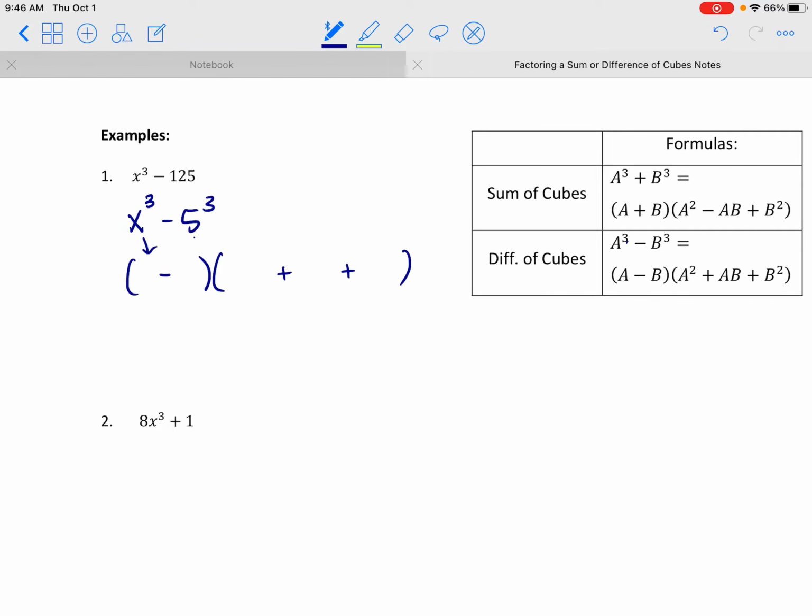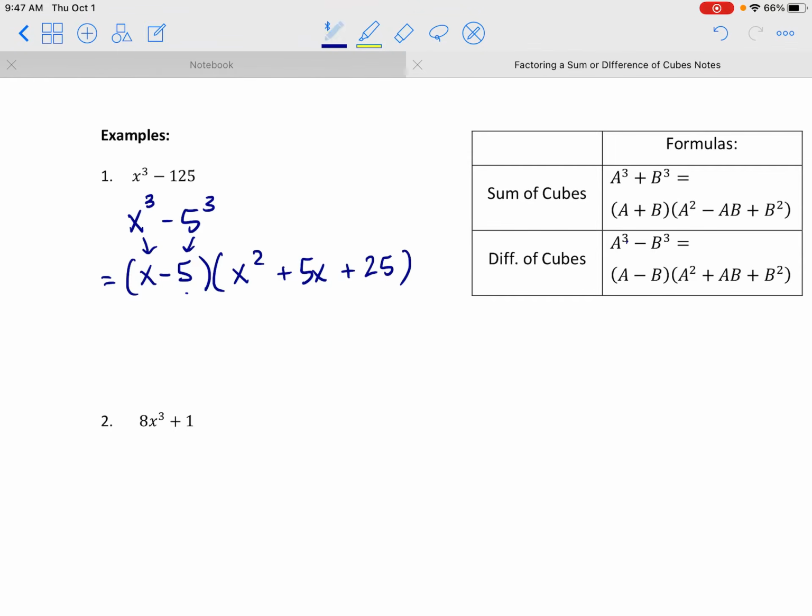The bases of the cubes come down, so x and 5. Then I'm going to square, so x squared, then multiply, so 5x, and then square, so 25, and there it is. This is my factored answer. Those are the two polynomials I would have to multiply to create the difference of cubes that we started with.